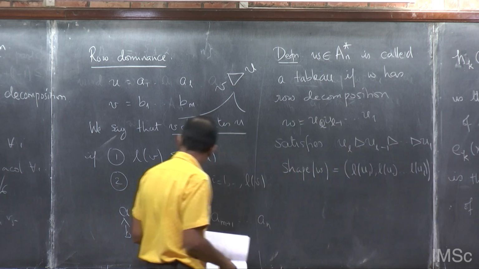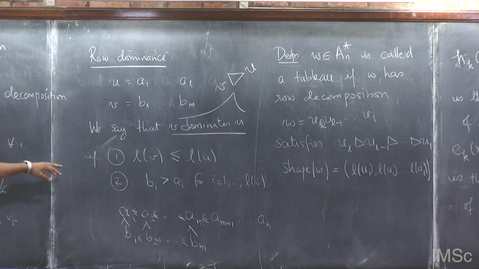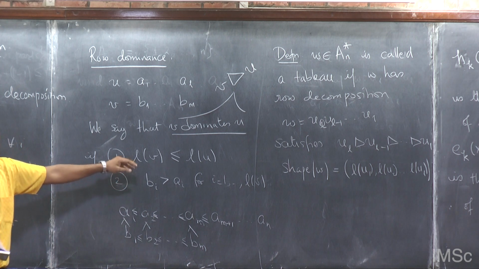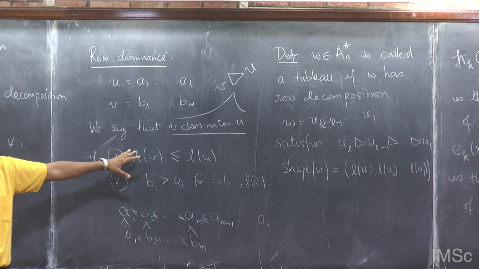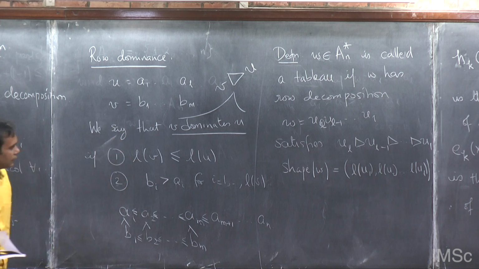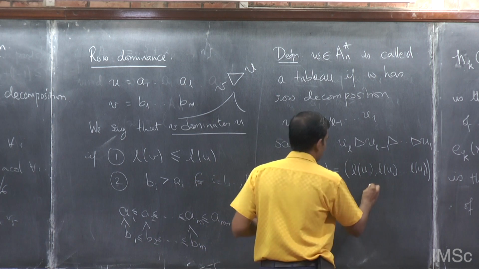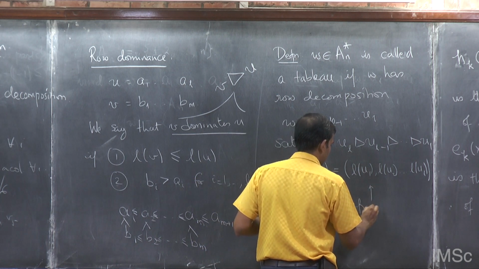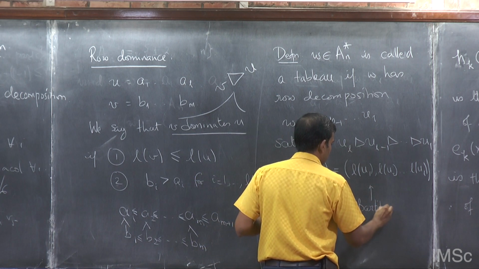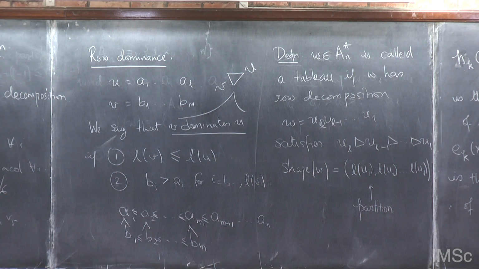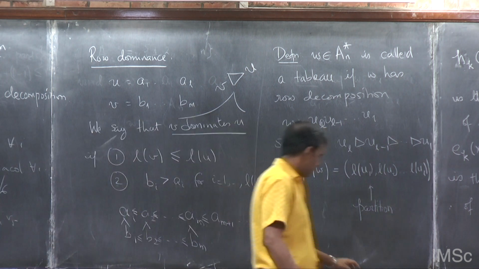Remember, in this dominance relation, the thing that dominates is shorter, or at least not longer than the other. So, this is going to be a partition. And there is a dual notion called column dominance, which allows you to define what are called dual tableaux.